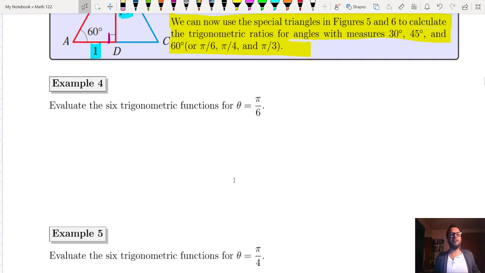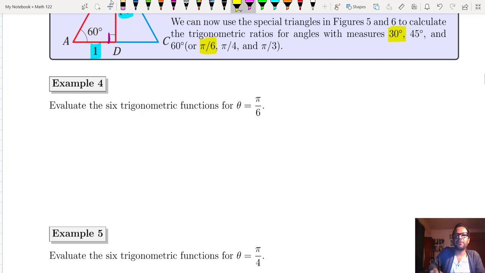All right, evaluate the 6 trigonometric functions for theta equals pi over 6. Pi over 6, what is pi over 6? Let me relabel this. Let me highlight, 30 degrees is pi over 6, right? We already looked at this in the previous section, going back and forth between degrees and radians.